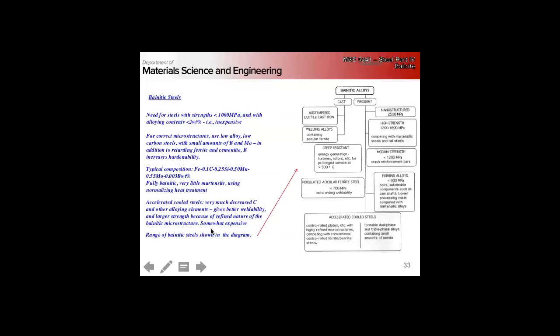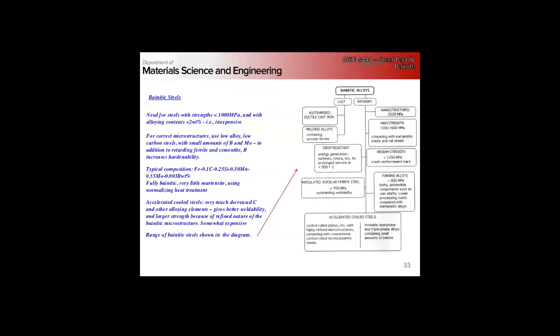And that's basically the range we're playing in, right? And if we look at alloy compositions, carbon, silicon, manganese, molybdenum, boron, right? These become fully Bainitic, very little martensite, using simple things like normalizing heat treatments, right?